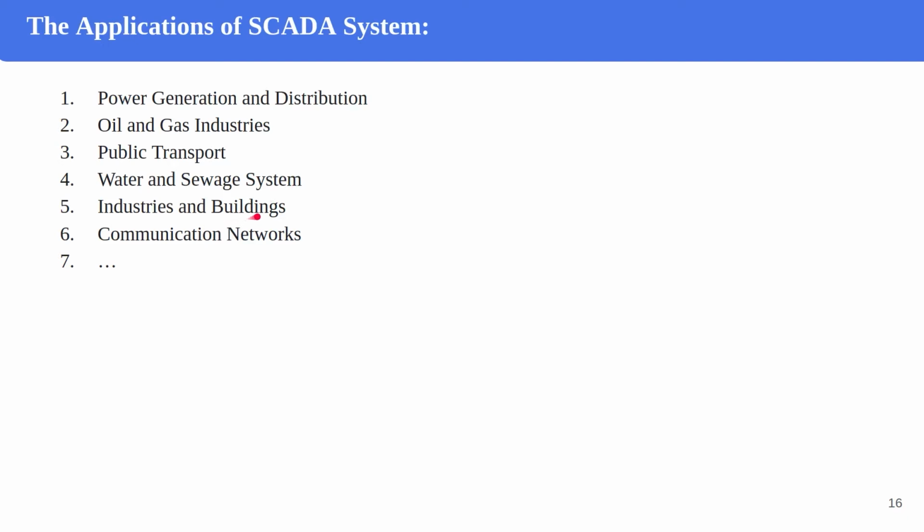For industries and building, it can be used to control the central air conditioning, lighting, energy, entry and exit gates, and so forth. And for communication networks, SCADA can be used to monitor and control networks, nodes, servers, and other equipment in a network.